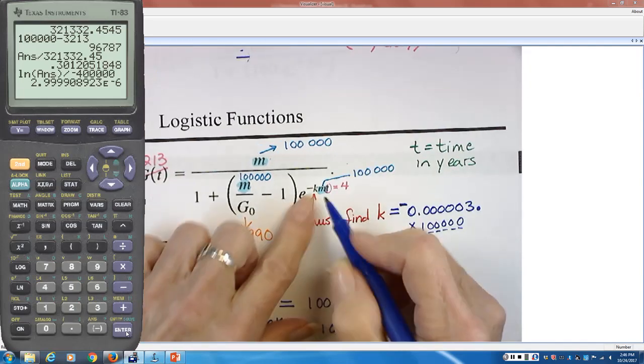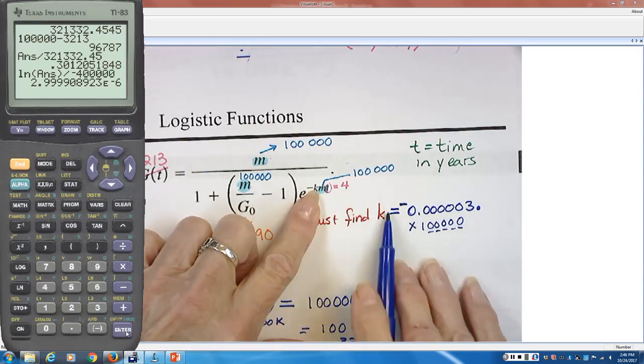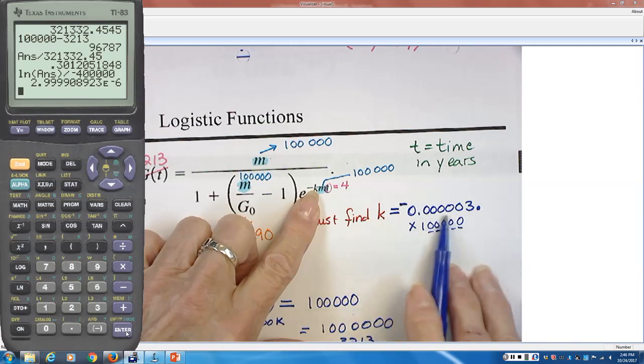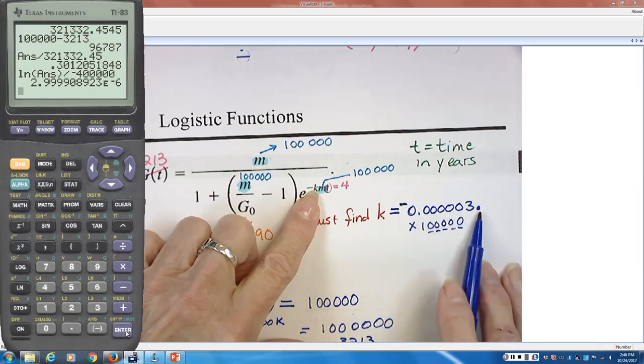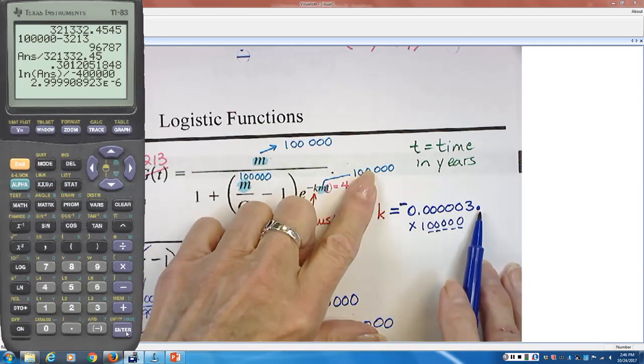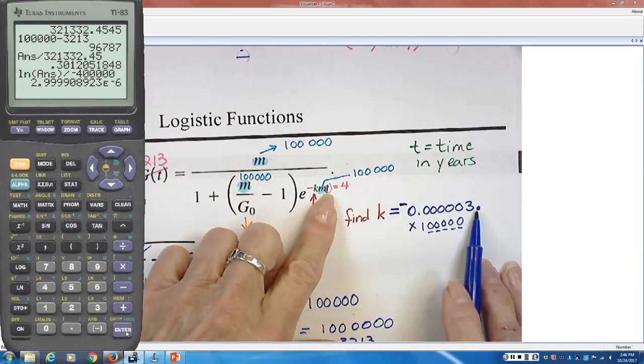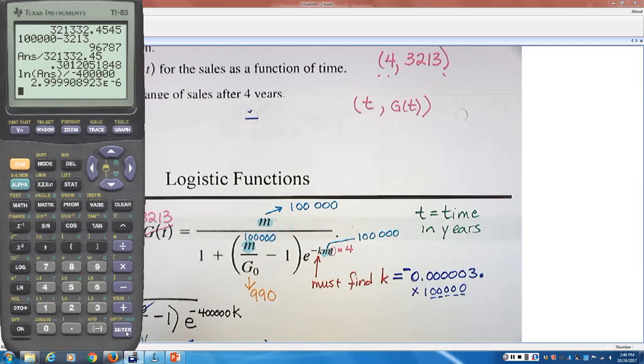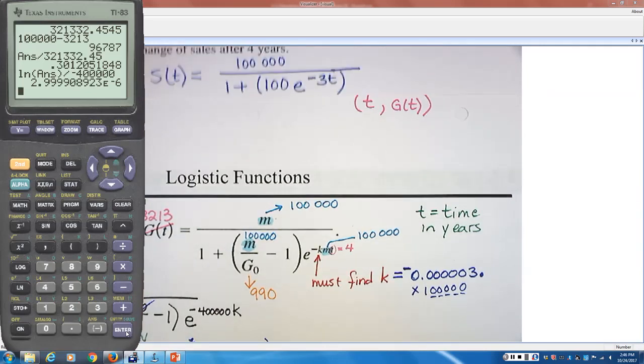So here we've got negative k, which is going to be negative 0.000003 times 100,000, which moves that decimal right back on the other side of the 3, times t. So this is the formula for your product sales.